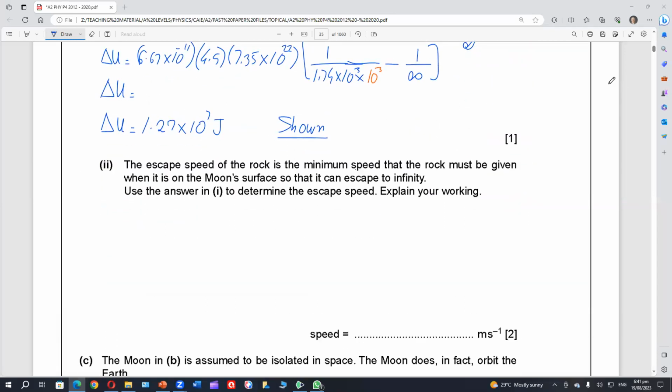The escape speed of the rock is the minimum speed that the rock must be given when it is on the moon's surface so that it will escape to infinity. Use the answer in part 1. Determine the escape speed.